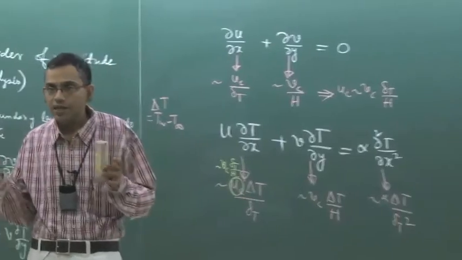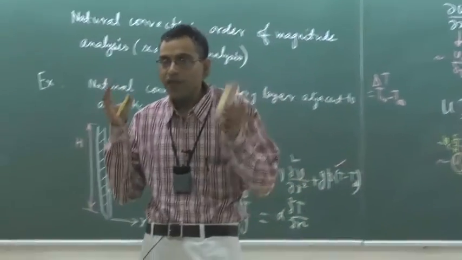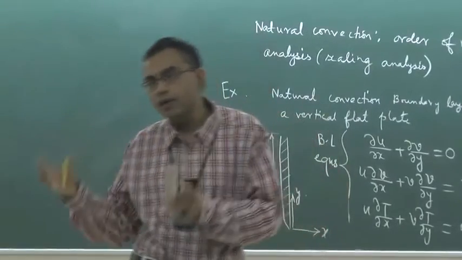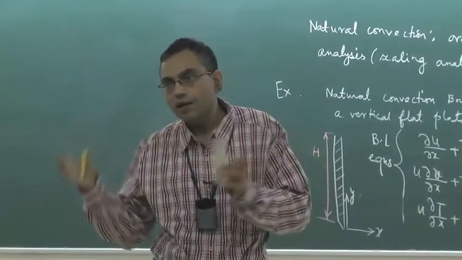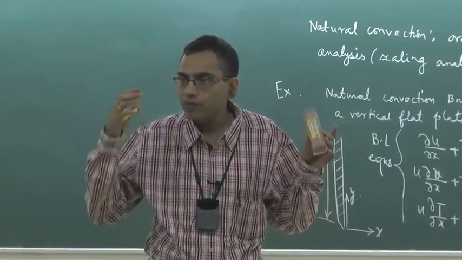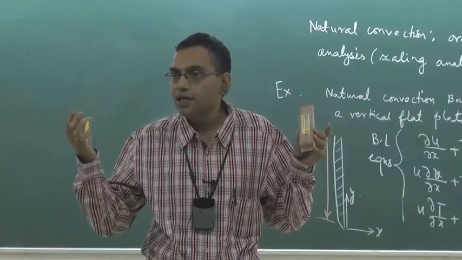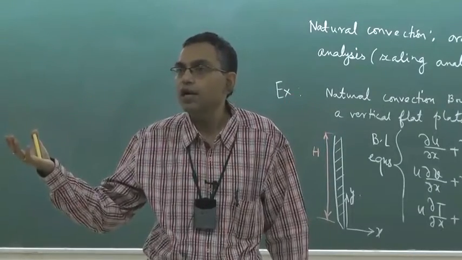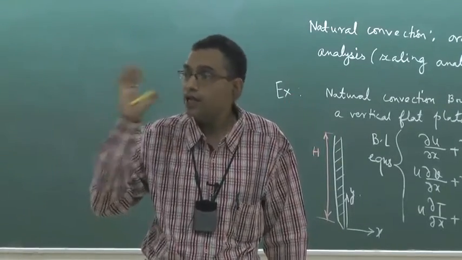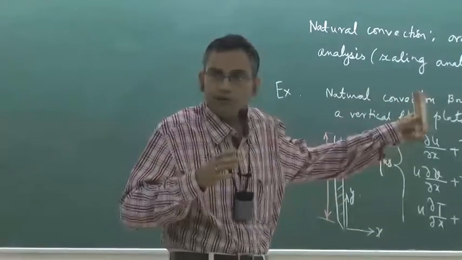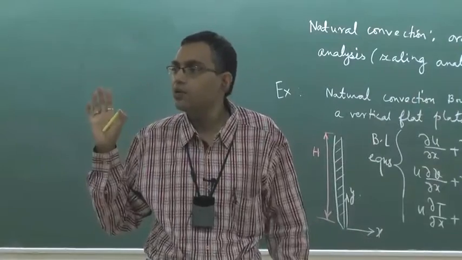You can see that this is philosophically such an important inference that from the momentum equation, from the energy equation, from any physical scenario, we have seen that when we come to the boundary layer analysis, in the advection terms no term is dominating with respect to the other until and unless one is identically 0. Like for internal flow the situation is different, because for fully developed flow V is identically equal to 0.